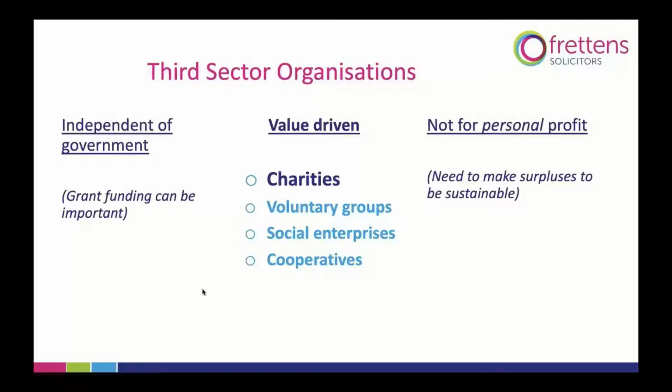And they can often be a way for the government to deliver government policy. So, for example, we have housing associations, which are charities, which are supported by government money to some extent, and which are there to implement government policy as well.